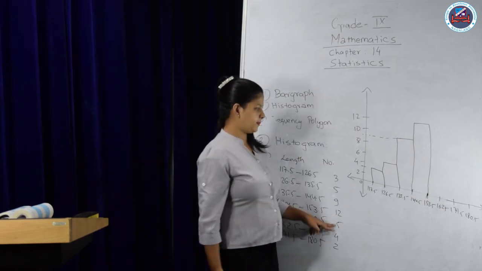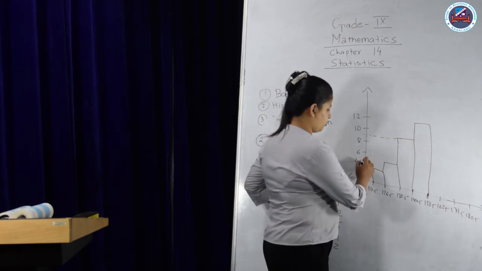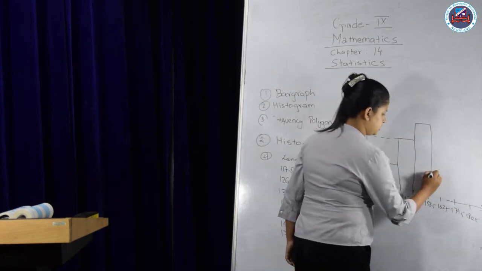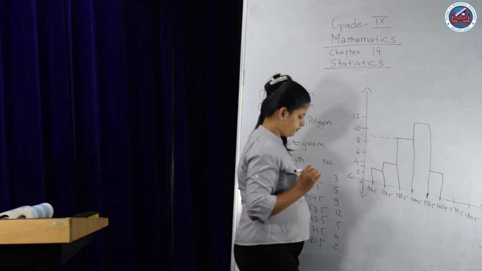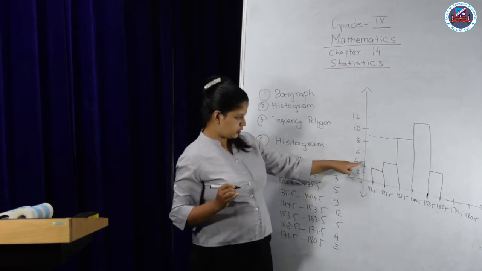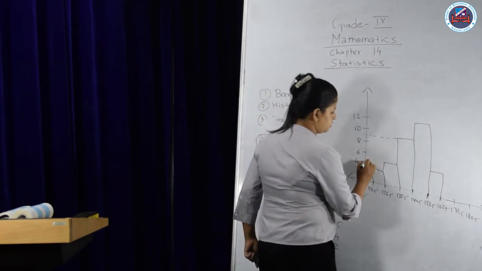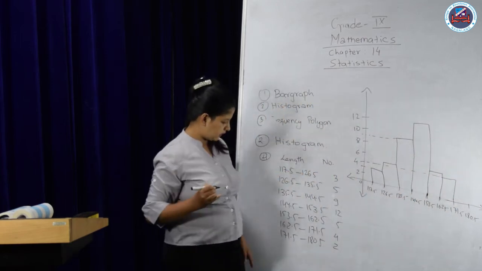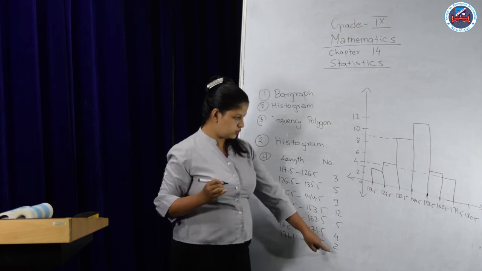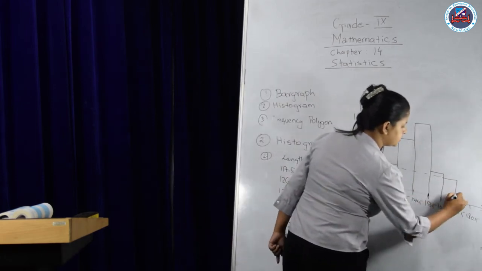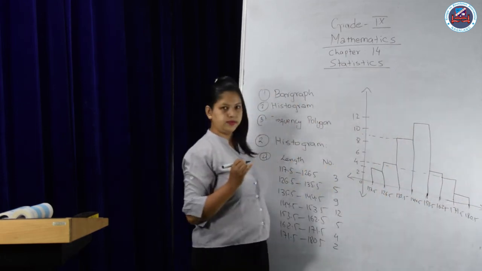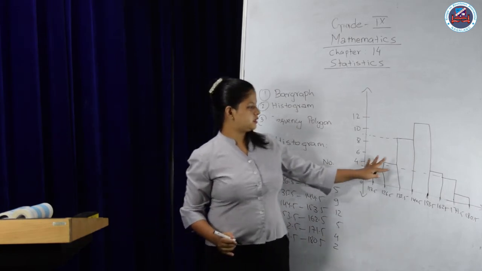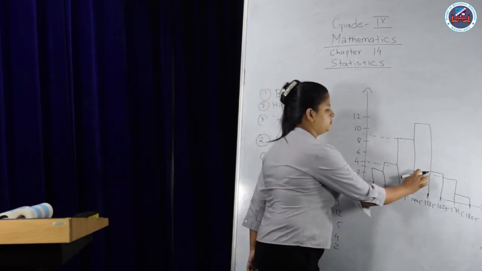Next is 5. 5 will be between 4 to 6. That is from here to here. Next is 4. 4 is here. And the last one is 2. 2, you can see it's here. So this is your histogram.